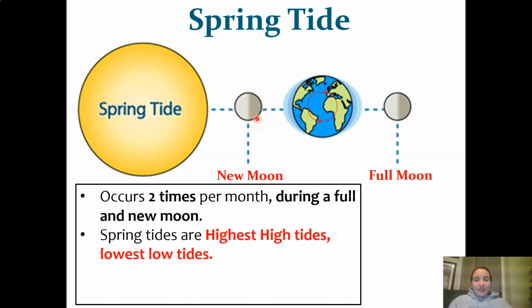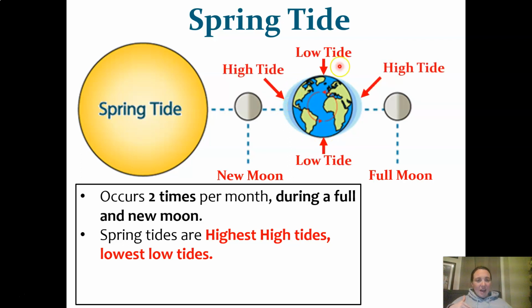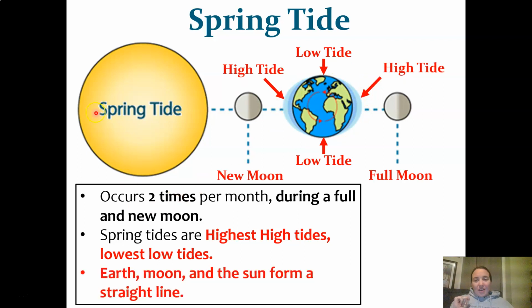So it looks like we can't see the moon that night. Talking about the tides, you have the highest high tides and the lowest low tides. You can see there's barely any bulge on the top and the bottom of this image. There's your low tide and there's your high tide regions. Now take a closer look.